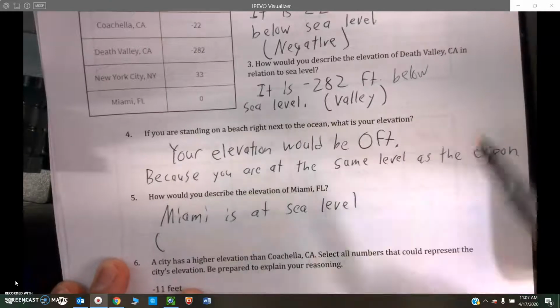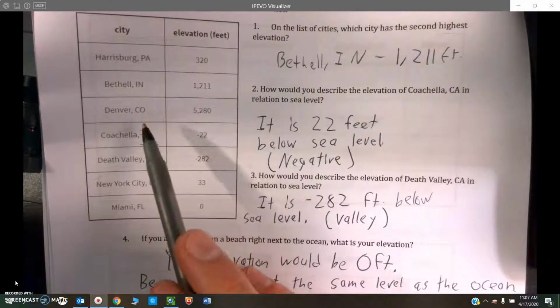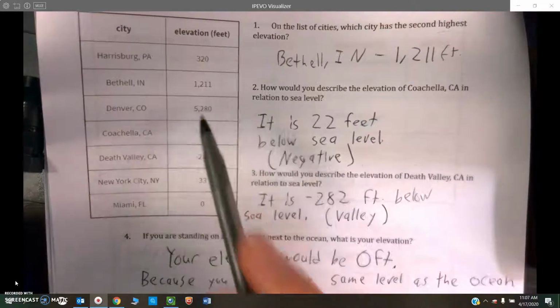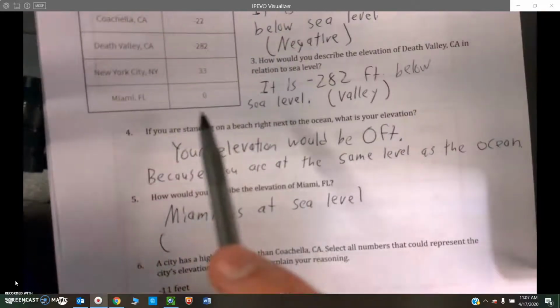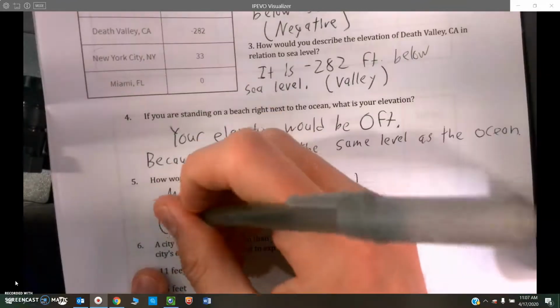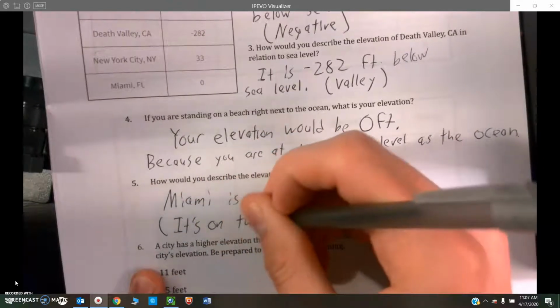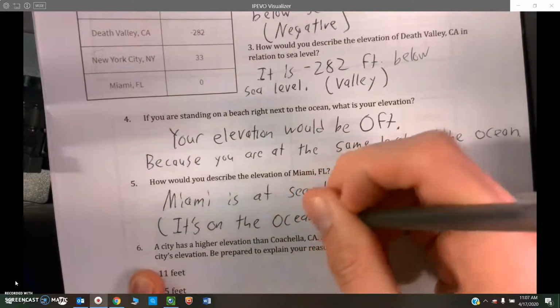Or if we thought about Colorado, right, when we looked up here, 5,280, we know Colorado's got a bunch of mountains. So of course its elevation is high. So why does Miami have a 0 elevation? It's on the ocean, right? That makes total sense why it's got a 0 sea level.